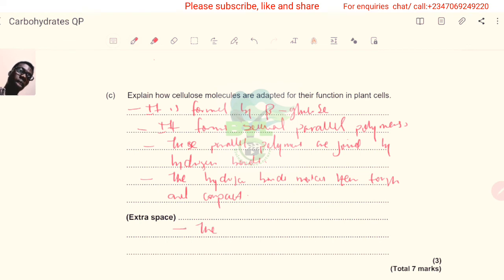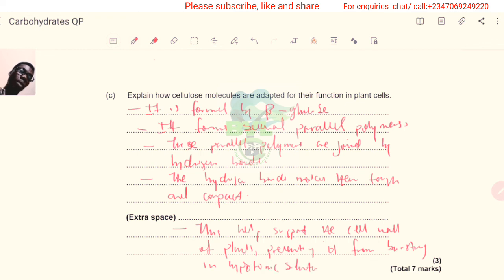The cellulose, let me put this in. These help support the cell wall of plants, preventing it from bursting in hypotonic solution. That means a dilute solution.